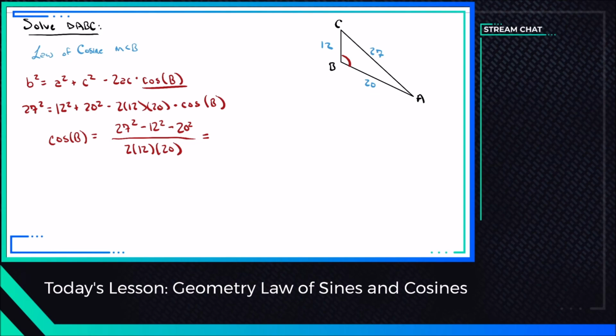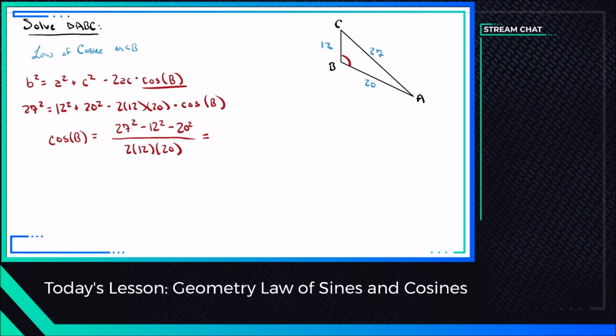So 27 squared minus 12 squared minus 20 squared, and we're going to divide that by 2 times 12 times 20. I messed up typing that in. I need to put some parentheses in there, so let me retype it.